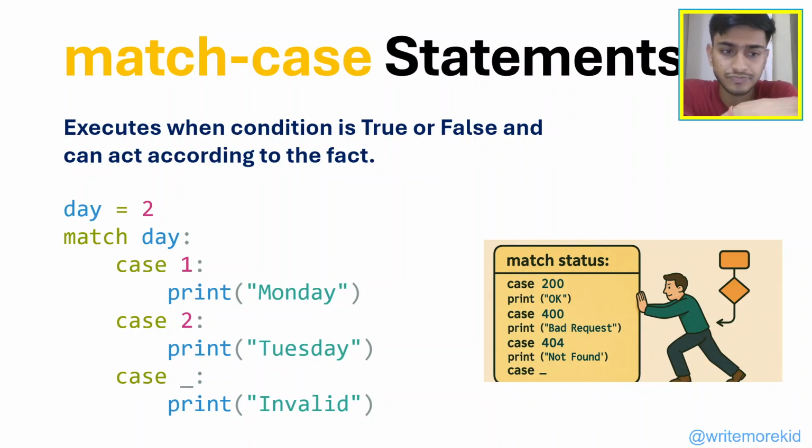So whenever you want to match any pattern, let's say for example, we have certain cases: case 1, case 2, case 3, the default case. This is the syntax you can refer to. So match whatever you are trying to match.